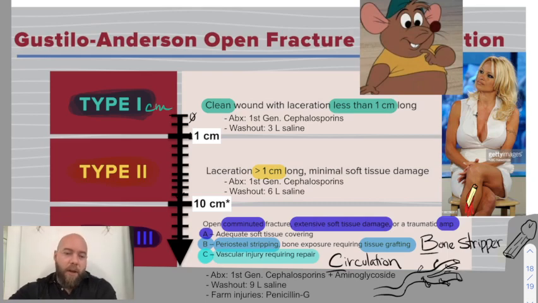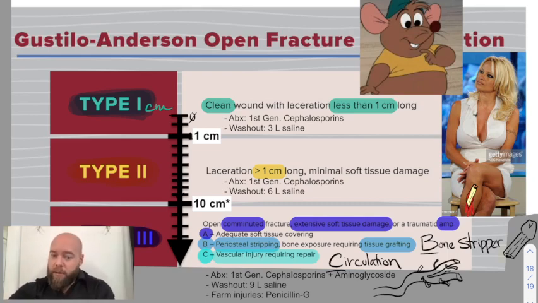Okay, so just memorize Ancef or Keflex, whichever one's your favorite. That's for 1 and 2. When you get into the 3s, you still do a first-generation cephalosporin, but you also add an aminoglycoside like gentamicin, tobramycin, amikacin. Okay, so type 3, the worst, gets 2 antibiotics.